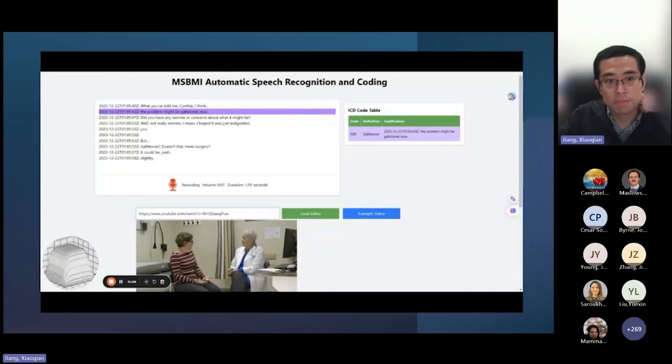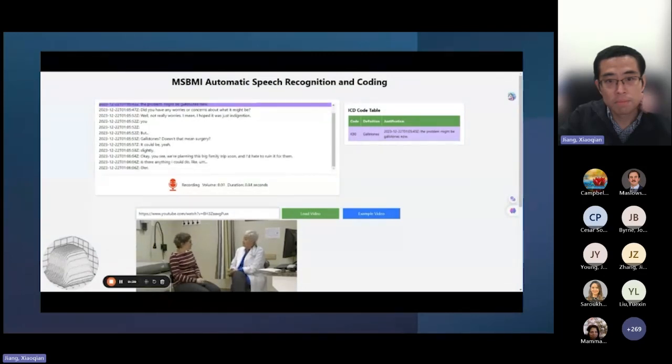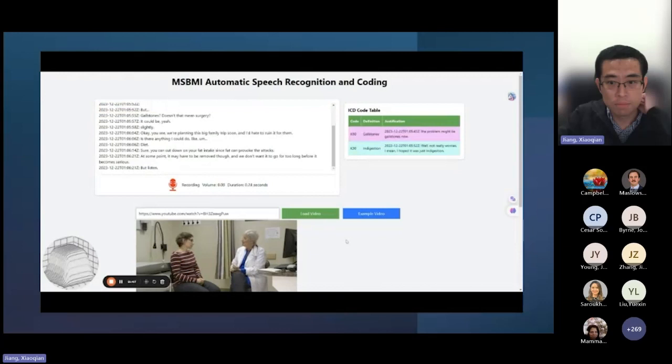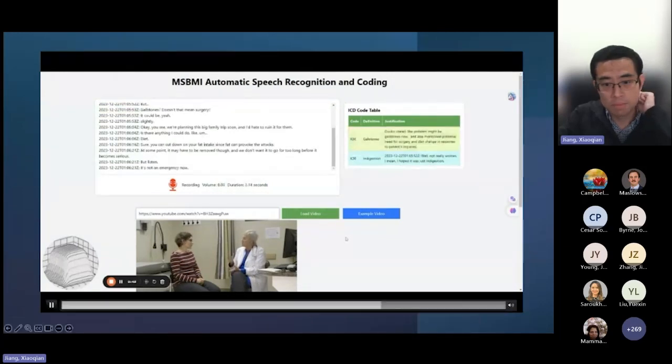Is there anything I could do, like diet? Sure. You can cut down on your fat intake, since fat can provoke the attacks. At some point, they may have to be removed, though, and we don't want it to go for too long before it becomes serious. But listen, it's not an emergency now. Maybe we can work around that family vacation.